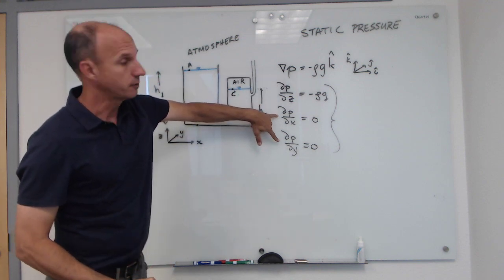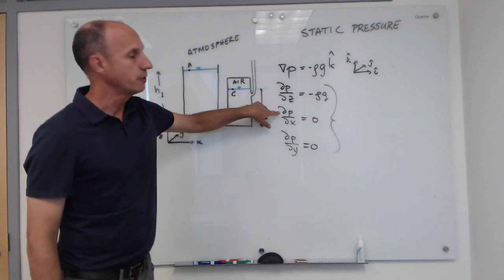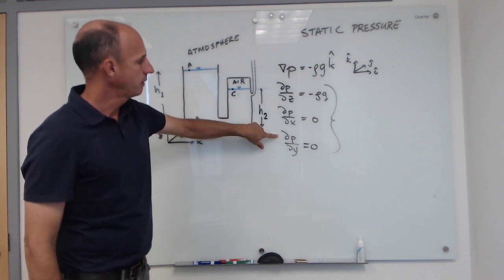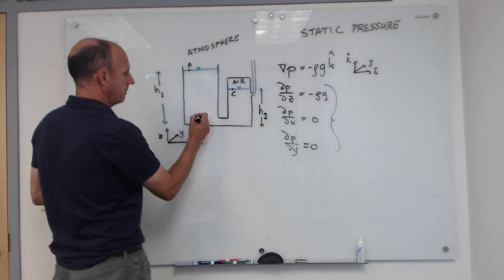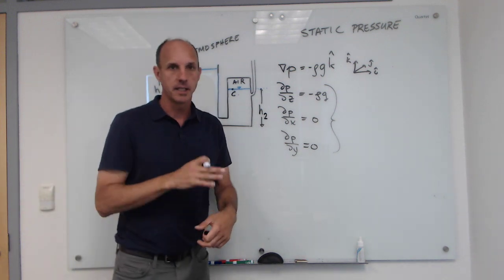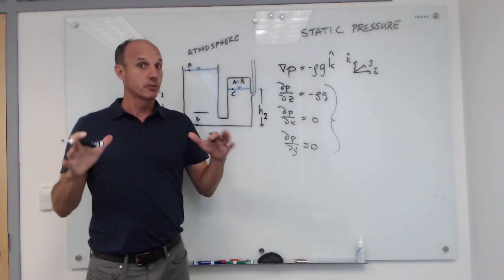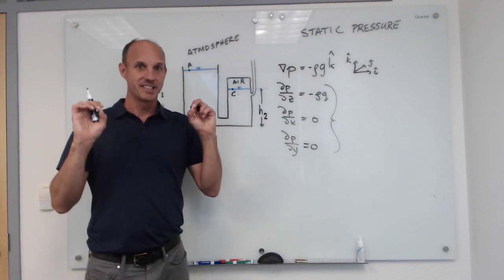Okay, so with that in mind, taking a look first at these two equations, what it means is that if you move in the x direction, there's no change in pressure. Or if you move in the y direction, there's no change in pressure. So if I'm here in the tank and I move horizontally, left or right, the pressure is not going to change. I'll have a constant pressure. This does not mean the pressure is 0.